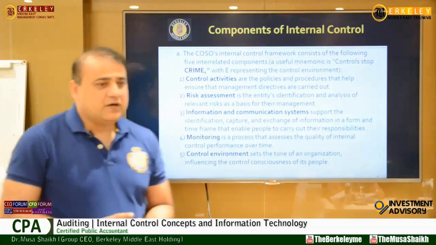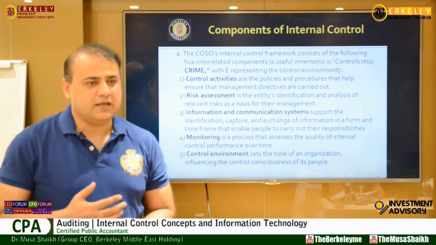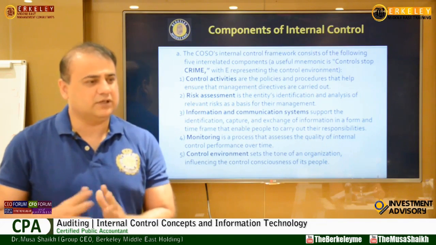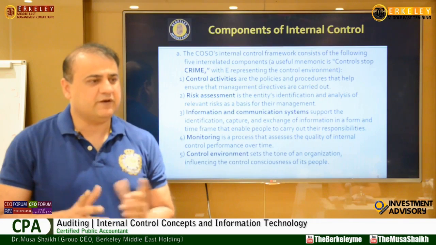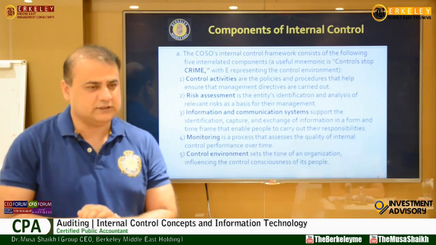In the world we have a lot of frameworks. If I ask an American what the best way of controlling the organization is, he will say a framework we call COSO, Committee of Sponsoring Organizations.